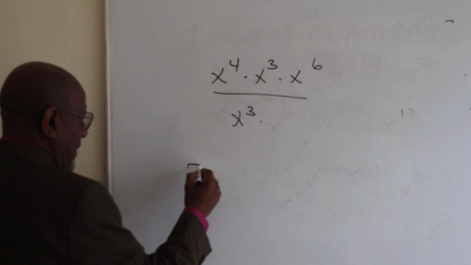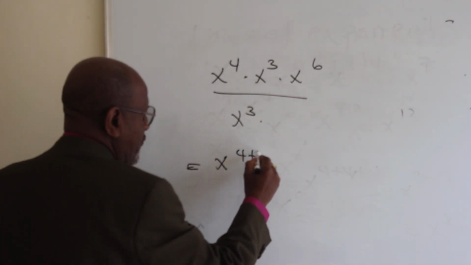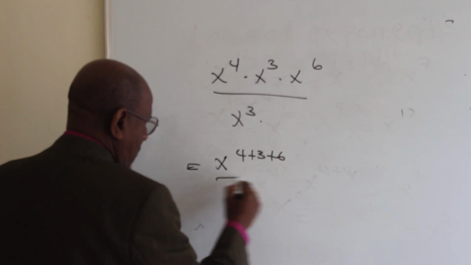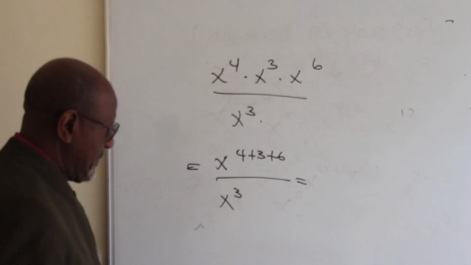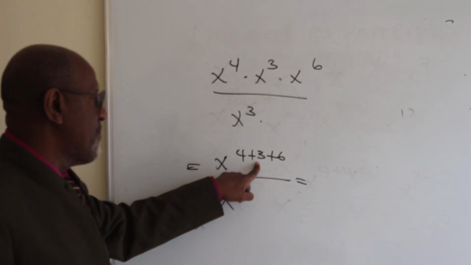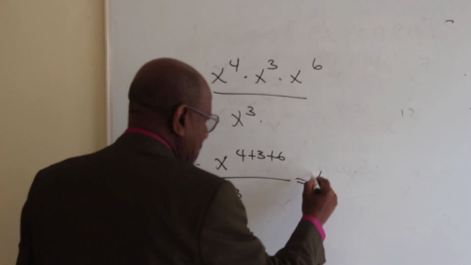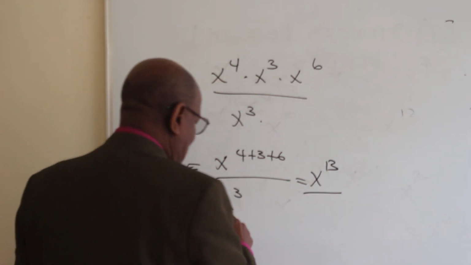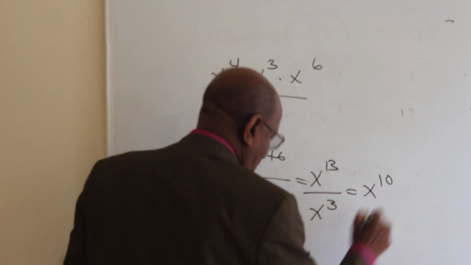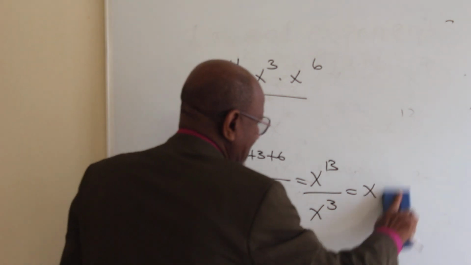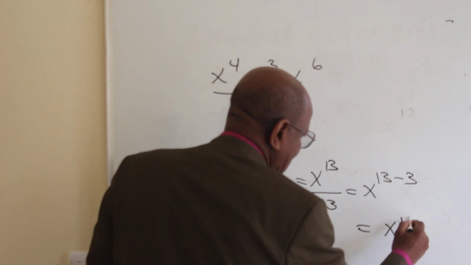In the numerator, x to the 4 plus 3 plus 6 over x to the third power. 4 plus 3 is 7, 7 plus 6 is 13. So it's x to the 13th power divided by x to the third power, which is x to the 10th power. Or we can write it as 13 take away 3, which is x to the 10th.